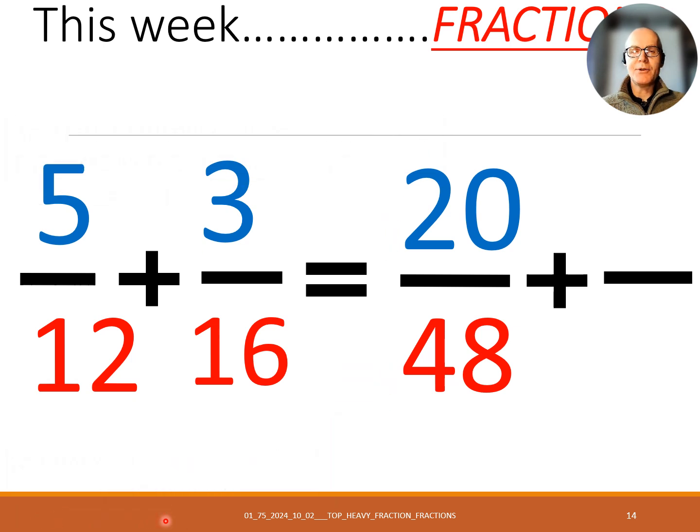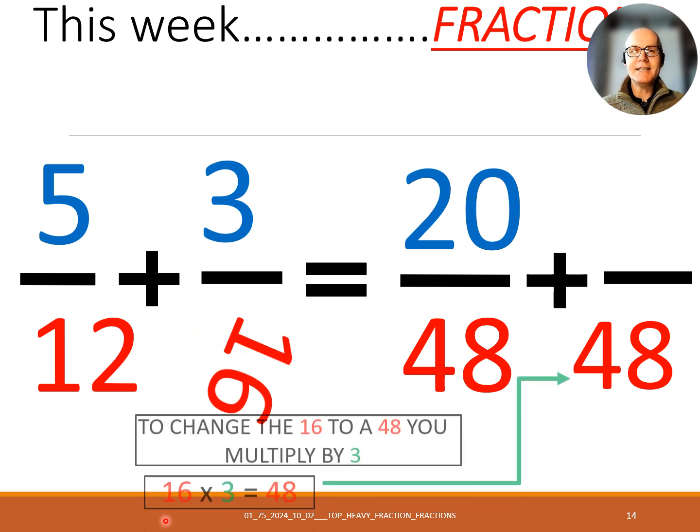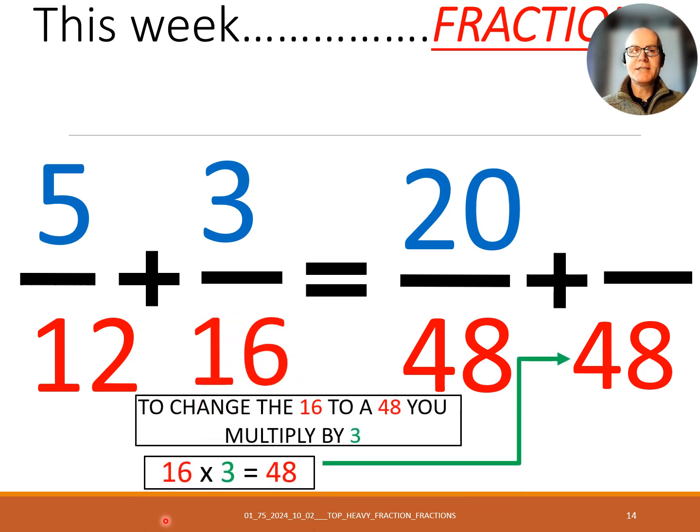Let's look at the 16ths now, the 3 sixteenths. To change from 16 to 48, we had to multiply 16 by 3. 3 times 16 is 48.